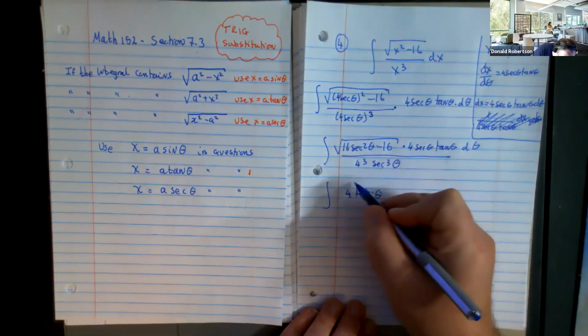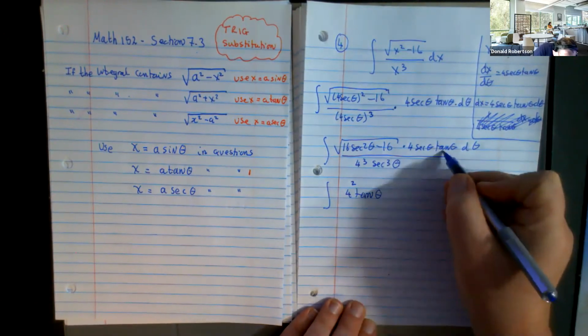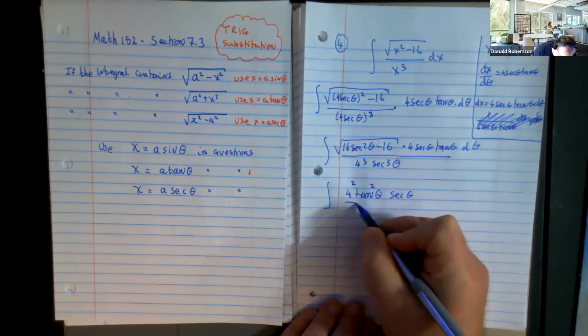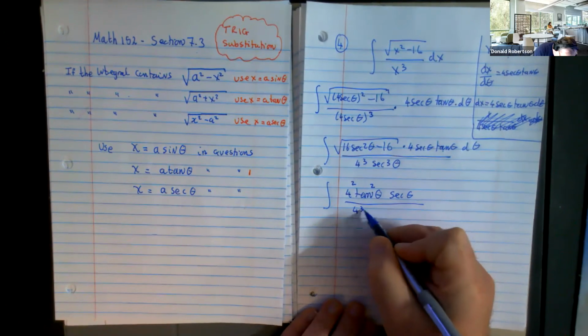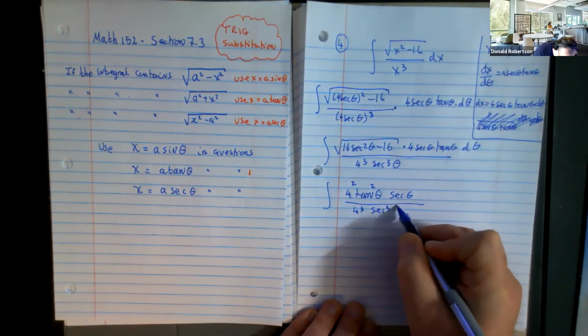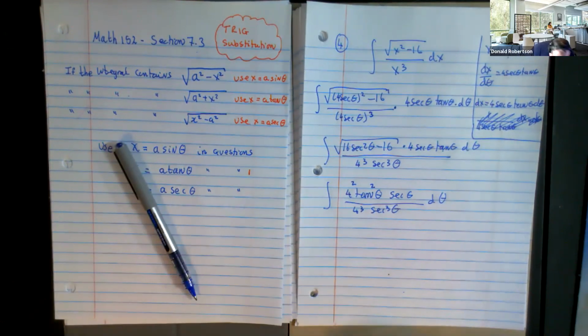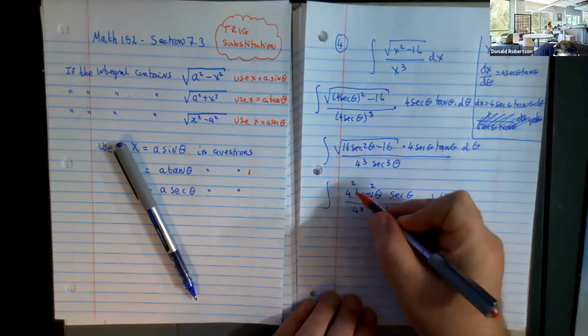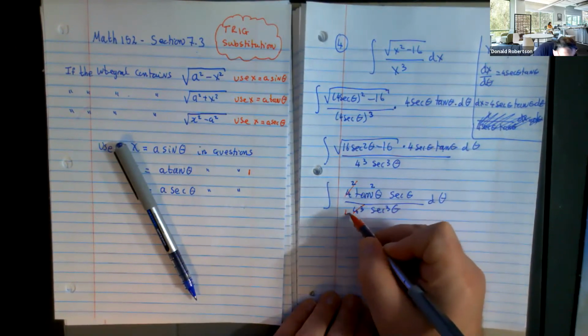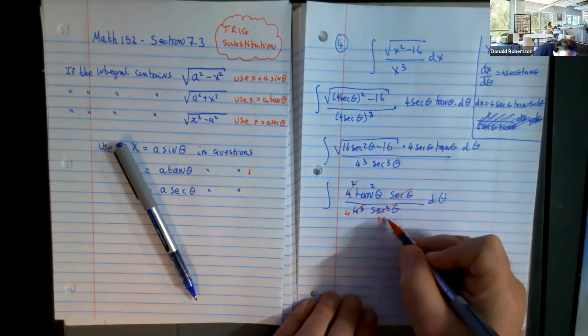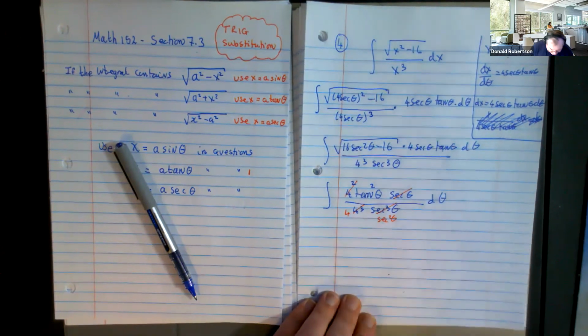That 4 gives you a 4 squared. That tan gives you a tan squared, and you get a secant. So I've combined a couple of steps together in this line as well. Right, time for cancelling. 4 squared and 4 cubed leaves a 4 on the bottom. Secant cubed, and that guy leaves me a secant squared.